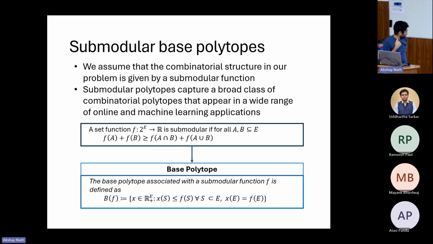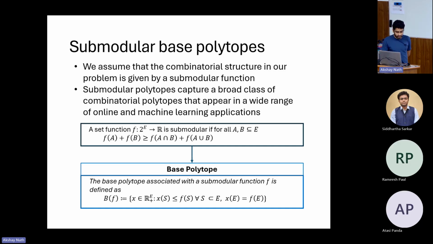Let me spend a minute on this. So what's the base polytope? So you're looking at the set of all vectors in R^E, so the dimension of the ground set, such that for each set S, when you add up the coordinates of the vector in that set S, that's what I mean by x(S), that is at most the submodular function value f(S). And for the whole ground set, you should have that the coordinates add up exactly to f(E).